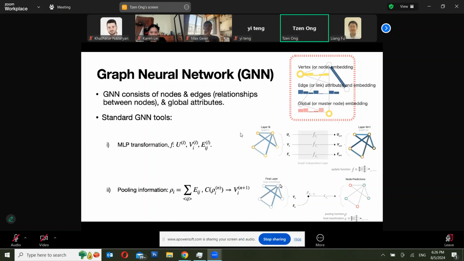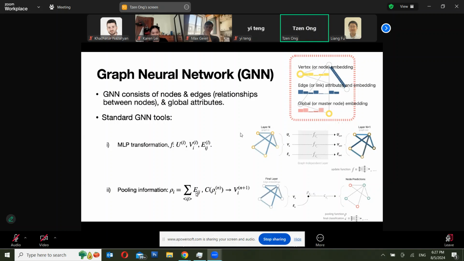In order to make use of the richer set of information, you pool information together. Let's say I want to look at the vertex I. I pull all the information from the vertices and edges that are connected to it. So I sum over ij, all the nearest ijs: 1 to 2, 1 to 3, 1 to 4, 1 to 5, but I don't sum over h2 and 3, h4 and 5, because they're not directly connected to 1.